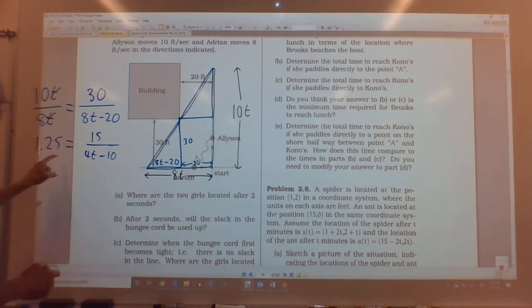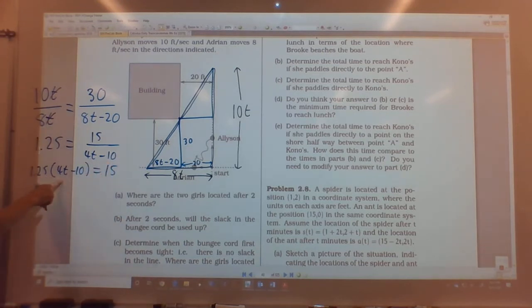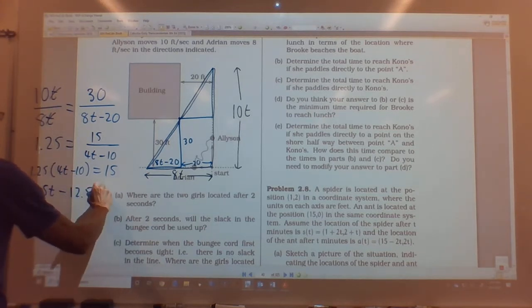Now, cross multiply. 1.25 times 4t minus 10 equals 15. 4 times 1.25 is 5. So 5t minus 10 times 1.25 is 12.5, equals 15.